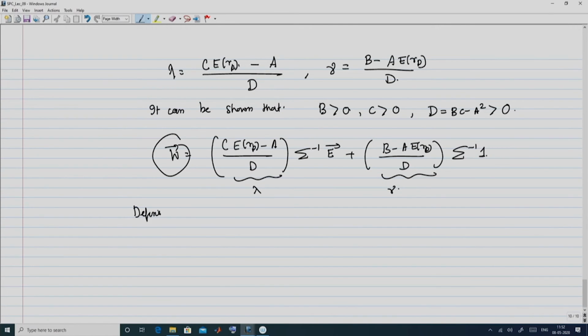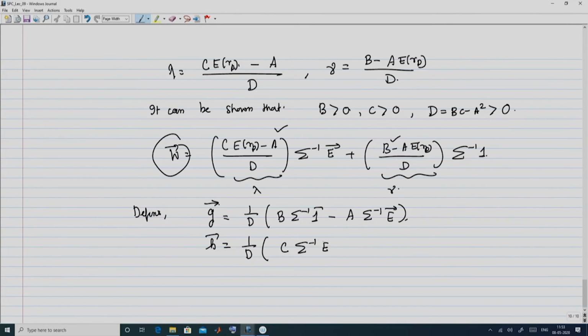So, we define another set of vectors, say G. So, I will define this to be 1 over D into B sigma inverse 1 minus A sigma inverse E. So, it is basically combining this term B sigma inverse 1 and this term A sigma inverse E, and I call this a vector G, and the remaining terms I will define as H. So, I will define this as 1 over D into C sigma inverse vector E minus A sigma inverse 1, which is this term without the ERP.